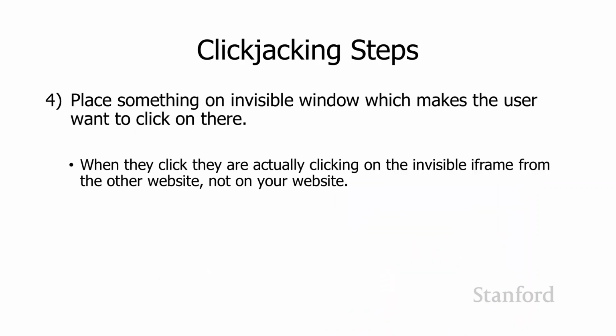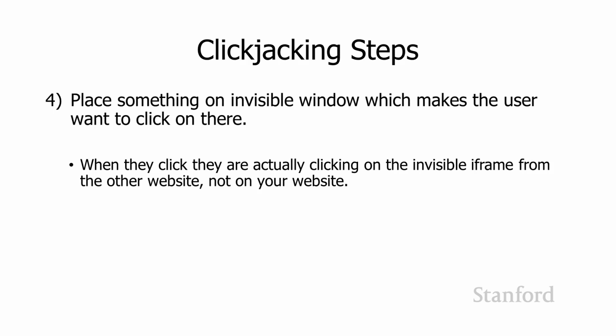And then the last thing we do is we have something on our web page that we think the user will click on. So maybe there's a link there, or a button which claims it does something. The user clicks on a particular location on our web page, but what they're actually clicking on is the invisible iframe, which is actually a different website.